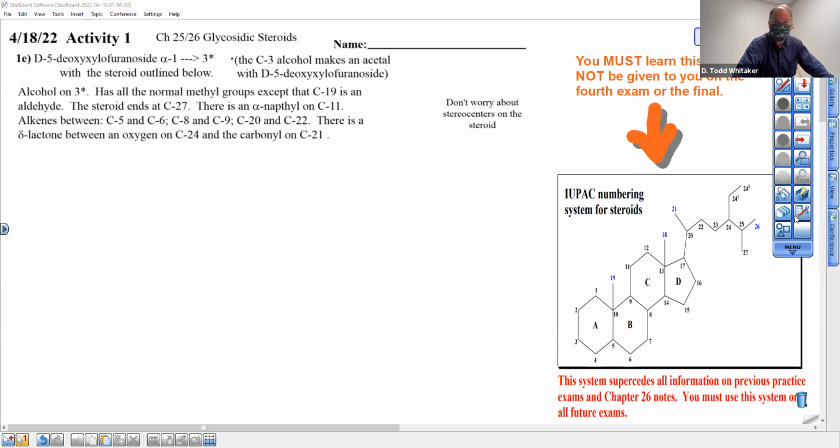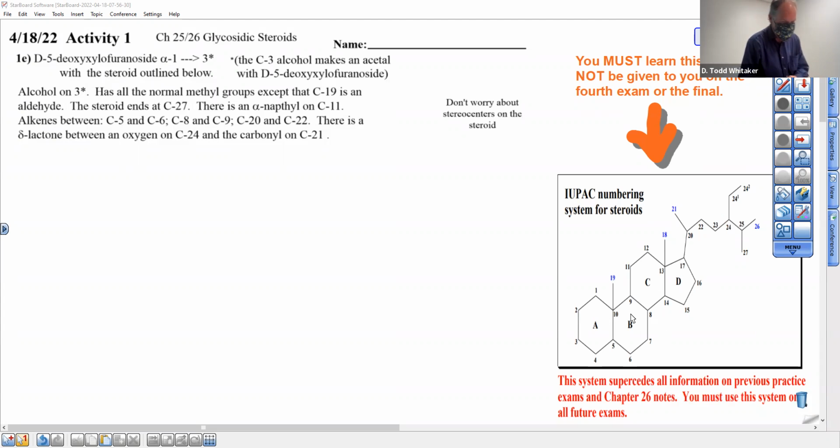This is a handout from Moodle. I brought it over here. It's its own separate entity at Moodle. There are other handouts at Moodle with other numberings of steroids that are no longer valid. It's very clear on this handout, this is the one that's valid. This system supersedes all information on previous practice exams.